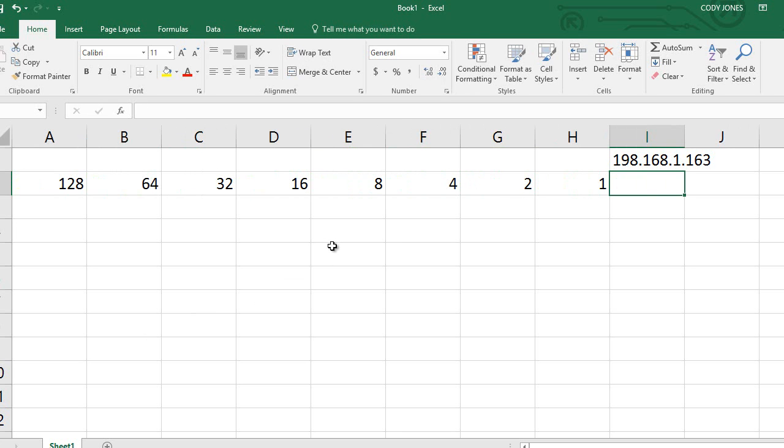Okay, I believe that's right. 1, 2, 3, 4, 5, 6, 7, 8. So basically you've got your 1, you've got a 2, then 2 to the power of 2 to get your 4, 2 to the power of 3 to get to your 8, 2 to the 4 to get to your 16, so on and so forth.